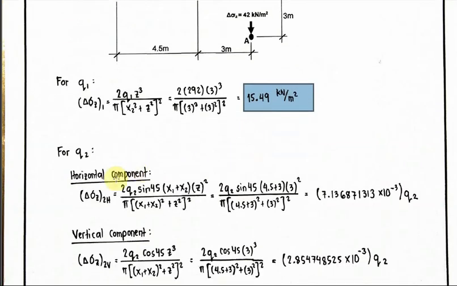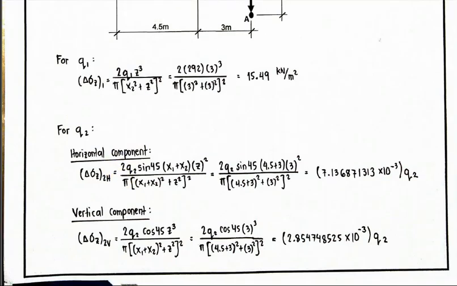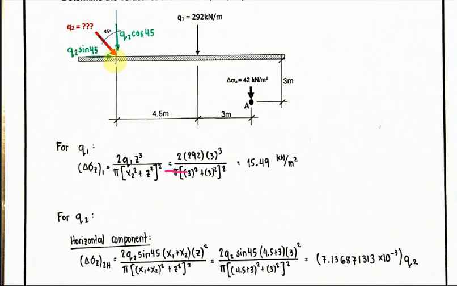Next for Q2, we have two components, so we separate the horizontal and vertical components. For the horizontal component, as I mentioned earlier, the only difference is that you use x. The x here is from this point to point A, which is 4.5 plus 3.